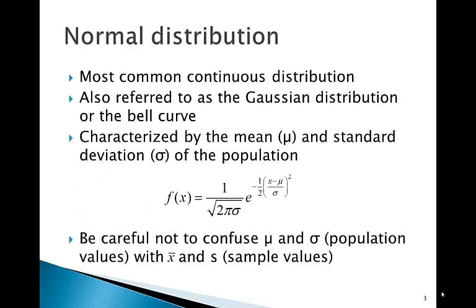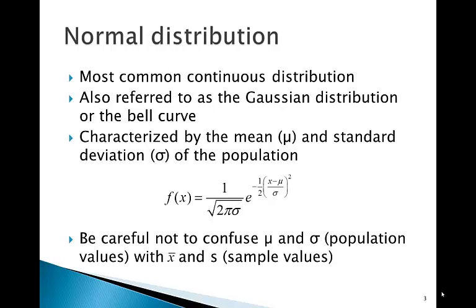The normal distribution is the most commonly used continuous distribution. It's also referred to as the Gaussian distribution or the bell curve. This distribution is characterized by the mean of the population and the standard deviation of the population, and these are represented by Greek letters mu for mean and sigma for standard deviation.